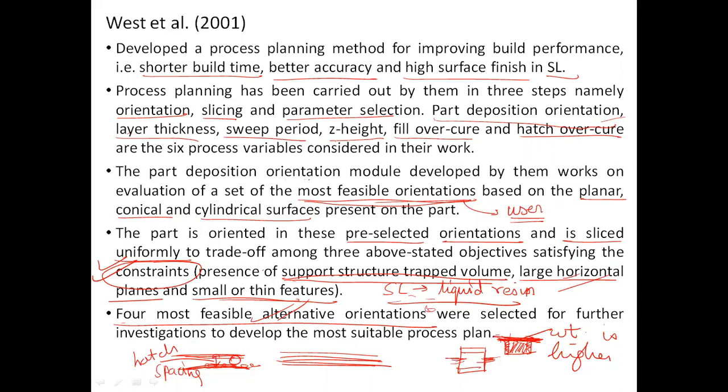Now if you have a larger z height and a smaller horizontal surface, then hatch overcuring generally tends to occur. So out of 6 process variables, you are trying to control those process variables while also taking care of constraints. It became very difficult for people to define the optimal orientation.